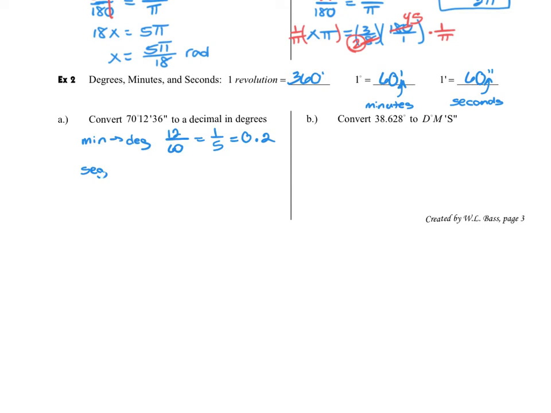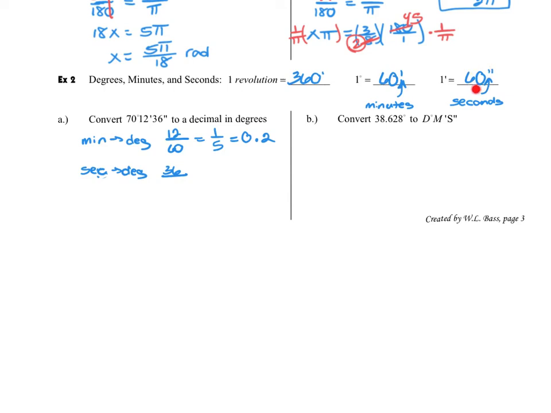If I want to do seconds to my degrees, then I'm going to take my 36 seconds, and now I need to do a little combining.